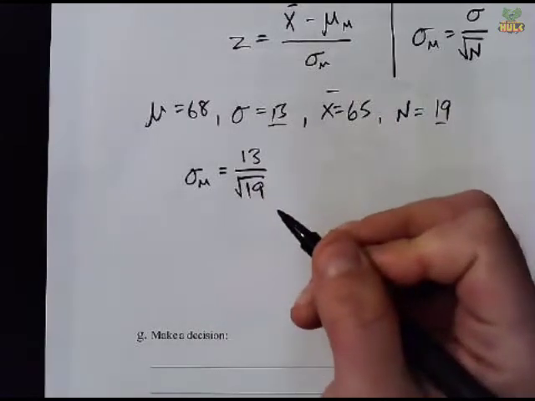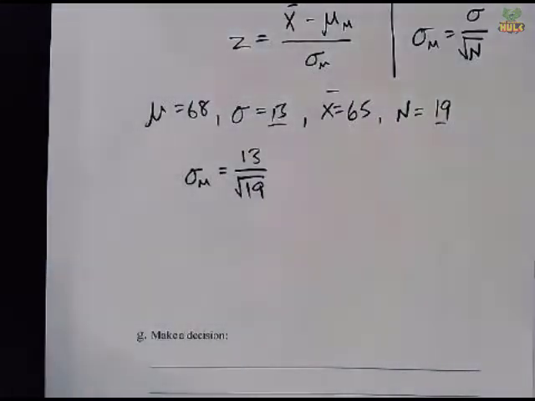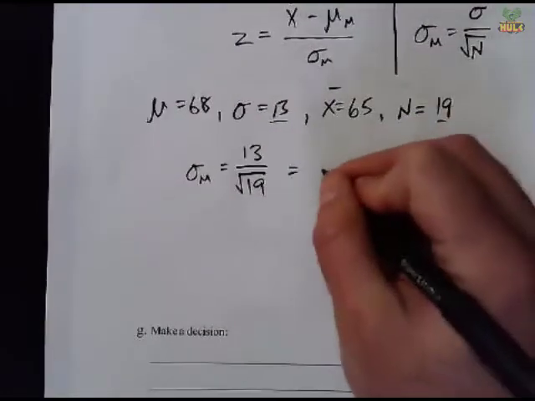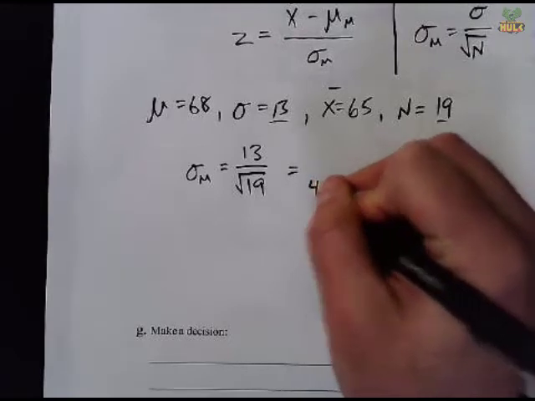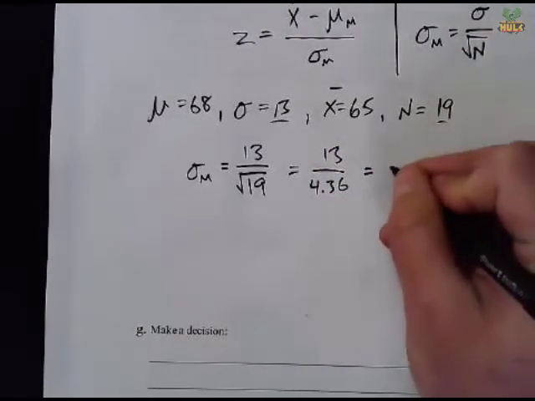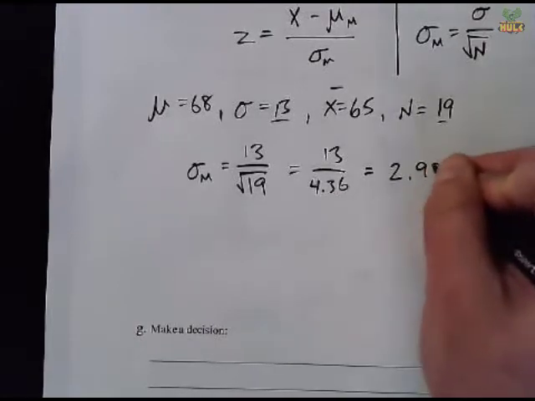All right, so it's nice and easy. Let's figure that one out. Let me get my calculator here, plug it in. Let's do the bottom first, so we can round it properly. You'll get 4.36 down here, which 13 carries over, which means our standard error is 2.98.